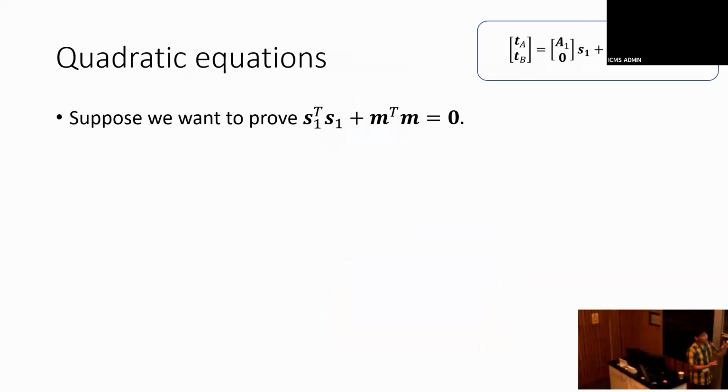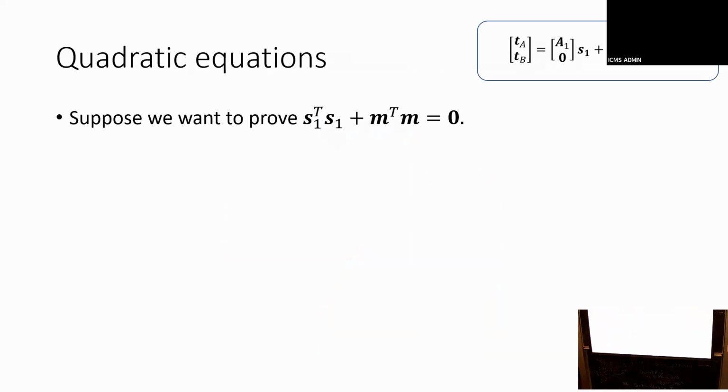So with the soundness argument, we'll come back to it, but let me focus on proving quadratic equations. In general we would have something very ugly, but for the purposes of concreteness I'll focus on this very simple quadratic equation. I have some short message S1, I have some message M, and I want to prove that S1 transpose S1 plus M transpose M is equal to 0.